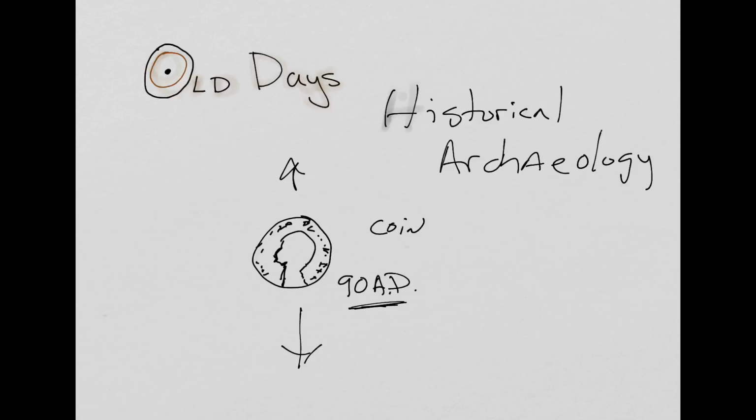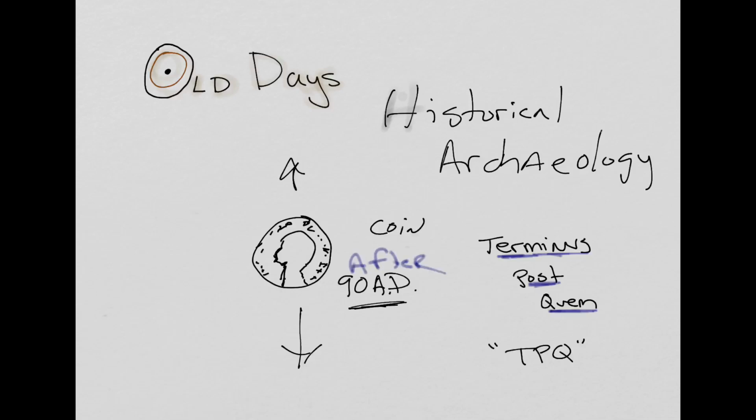Actually, usually if you were to find a coin like this in an archaeological site, you would date that terminus post quem, TPQ for short. Which means your archaeological site must have been deposited after 90 A.D., terminus post quem.